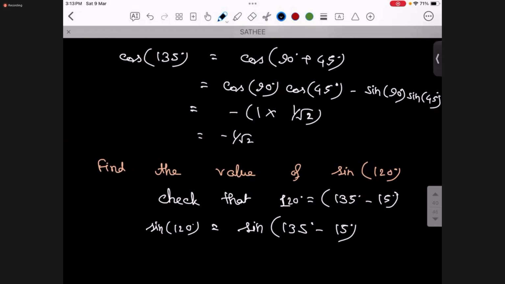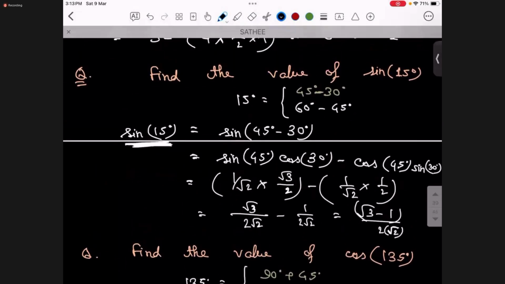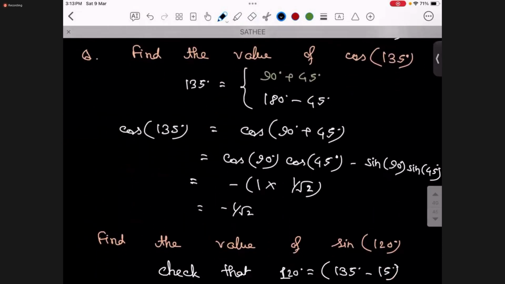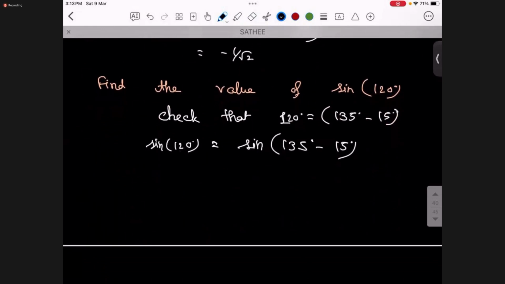As we proceeded for the case of cos 135, we can proceed in a similar way to get the value of sin 135, and we have already obtained the value for sin 15 degree. Using these two, and also cos 15, we can put those values in this expression and find the value of sin 120 degree.